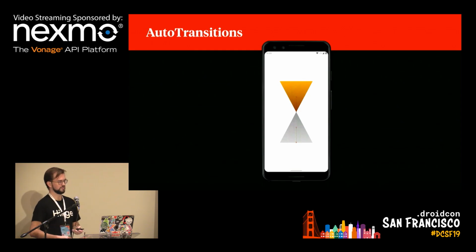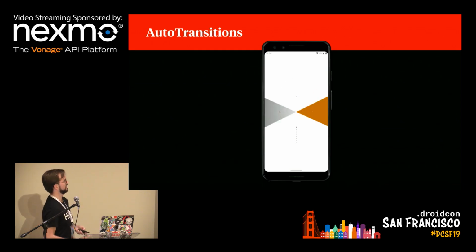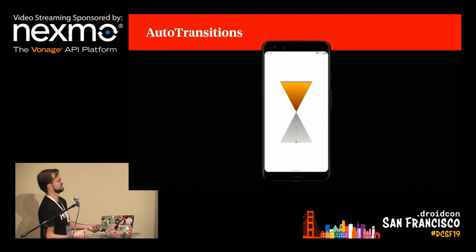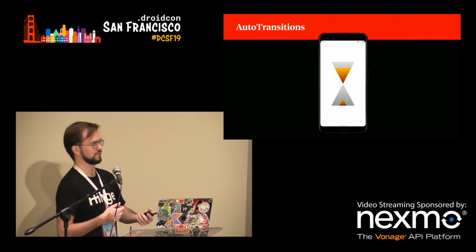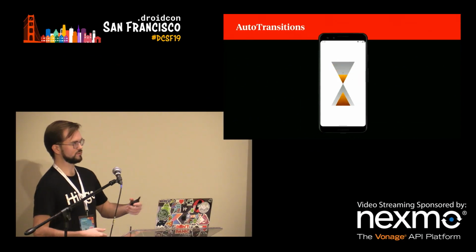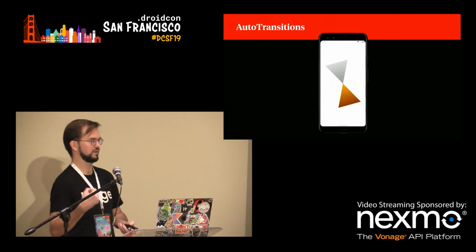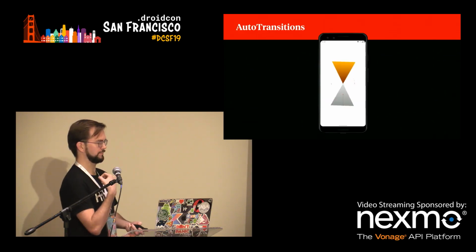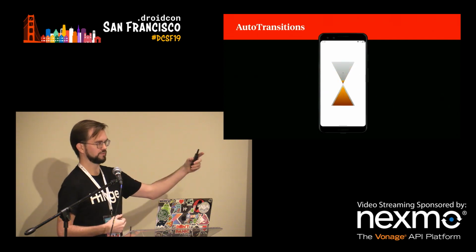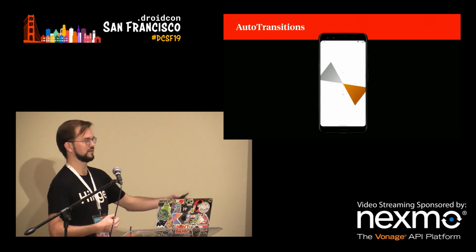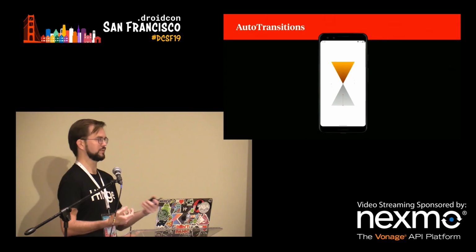Auto transitions, they are super fun. I built this thing in order to try out as many things as I could throw into it, with path motion arcs and image filter views. And the idea behind this is that there are about 8 different constraint sets where I'm just saying auto transition, animate to end, and every single transition in the file has that property set on it, and therefore I can get this fun looping mechanic.